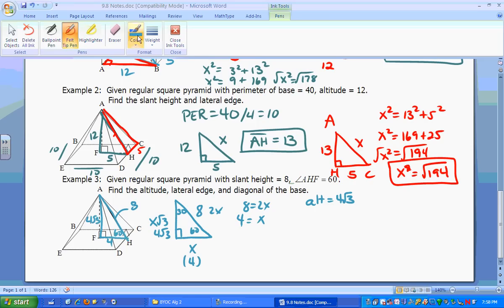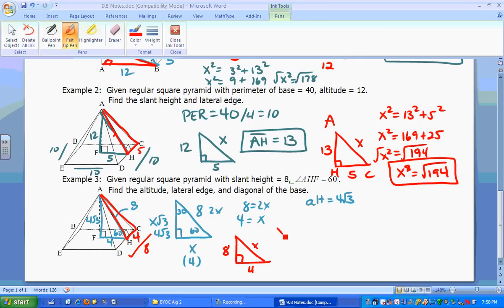Which helps us because now we can do the lateral edge for this triangle here, because we learned that that's 4. This has to be 4 because this whole side length is 8. And so now looking at that right triangle, we have this side of 8, the bottom of 4, and this is what we want to find.